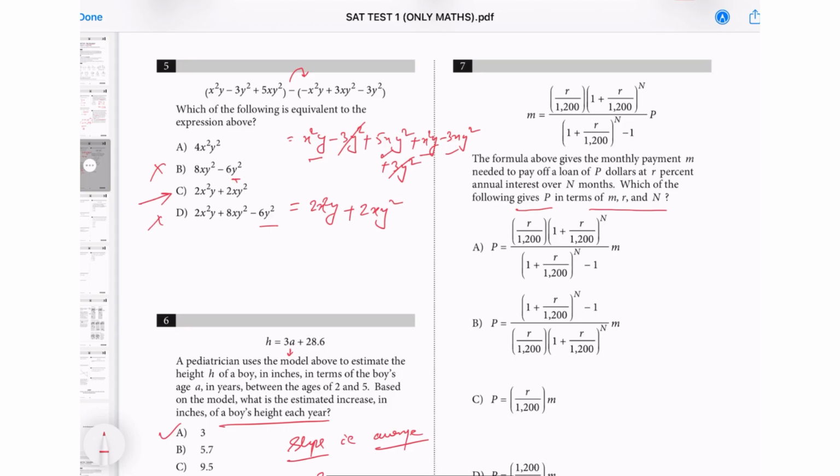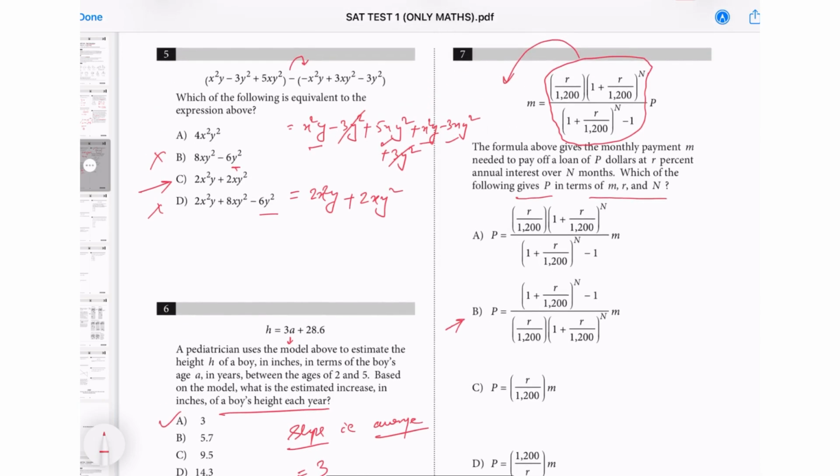If you have anything on this side, when it goes to the other side, it becomes the reciprocal of this. Reciprocal means you have to swap the numerator and denominator with each other. So when this goes to the other side, the denominator comes up and the numerator goes down, which is in option B. All other options can be ruled out.